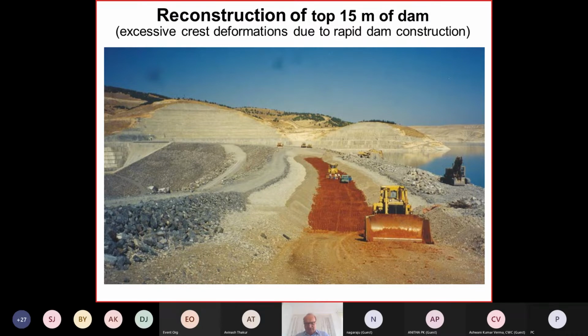So large deformations were observed, and therefore it was decided to remove the top 15 meters of the dam and to rebuild it. So it's 1,600 meters long, 50 meters. It's a couple of million cubic meters of material, a substantial amount which has been removed and has to be replaced here.